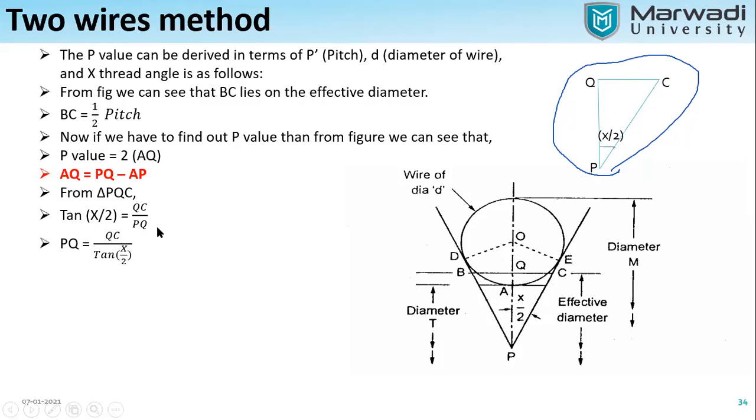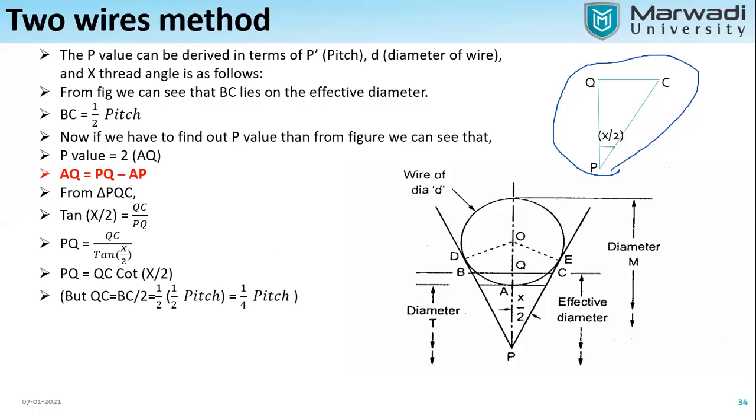So PQ is QC upon tan x by 2, and 1 by tan theta becomes cot theta. So PQ will be QC cot x by 2.